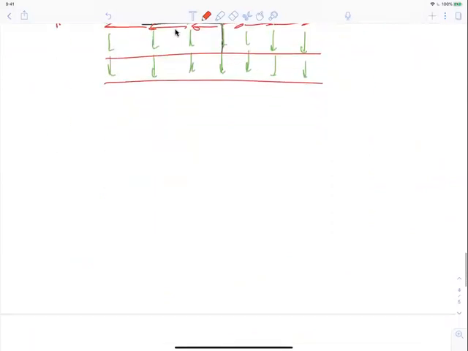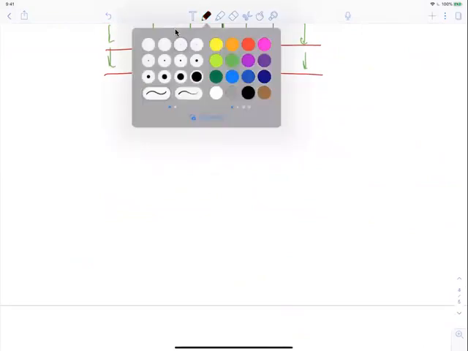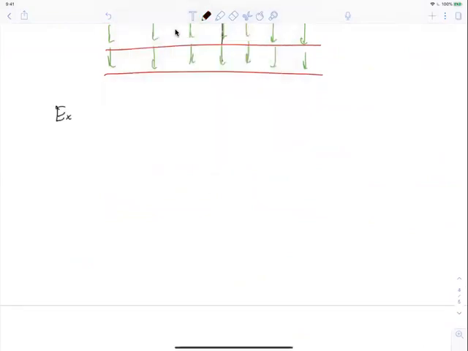All right, let's do another quick example. This one's going to be a little different. And we're going to consider this matrix. And we're going to want to find the image.